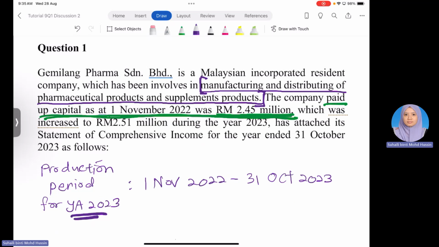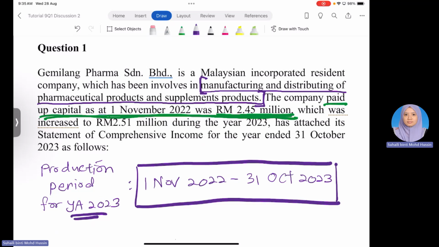So this is the accounting period or production period for Gemilang Pharma Sdn Bhd for the year of assessment 2023. Everything within this period we consider incurred in the production of gross profit. If it is outside the production period, we do not count the amount.